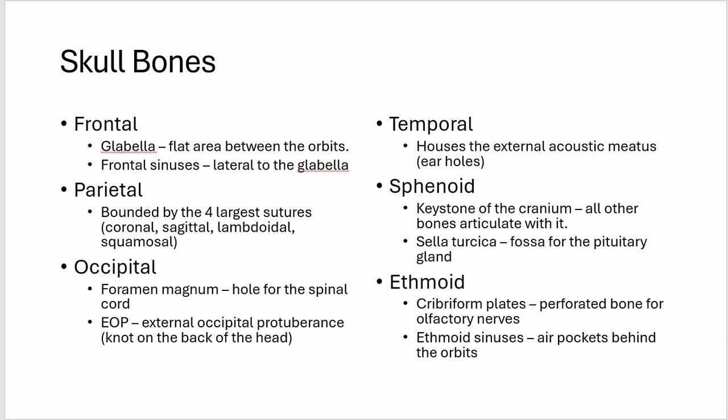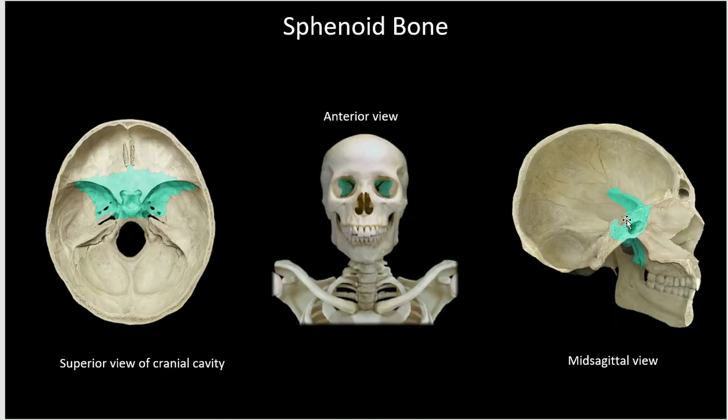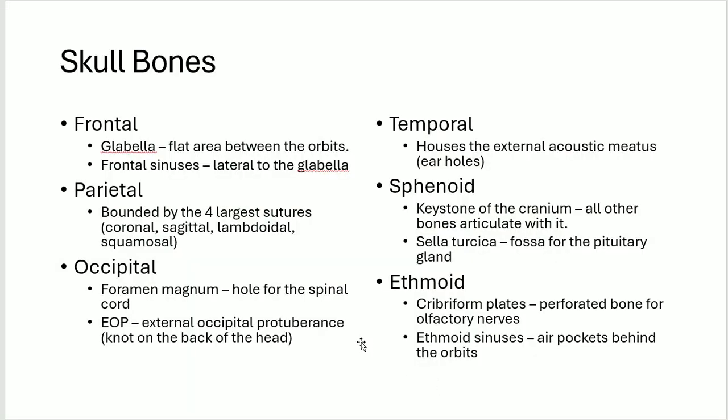So we will look at what that looks like as well. Well, we can go back up a couple. So that's right here. That's where the pituitary gland sits, and we'll look at it again as well. Okay. The sella turcica and the sphenoid.